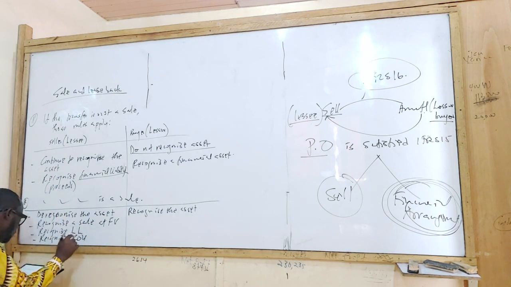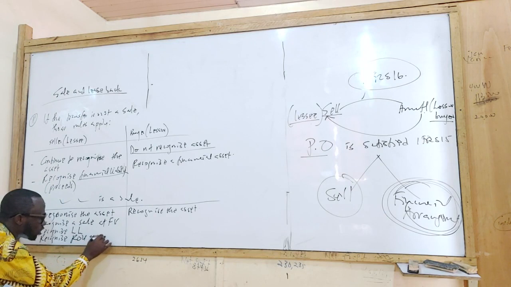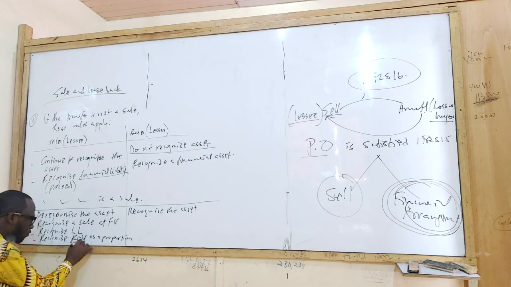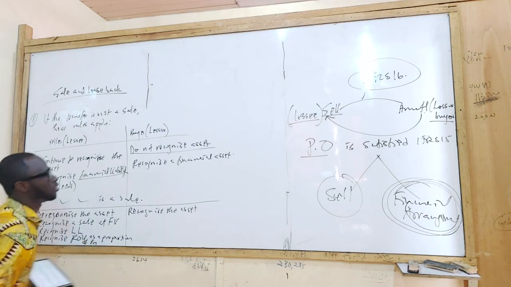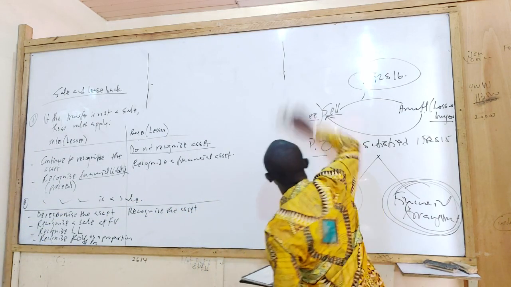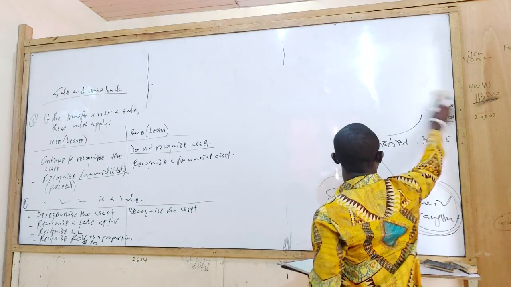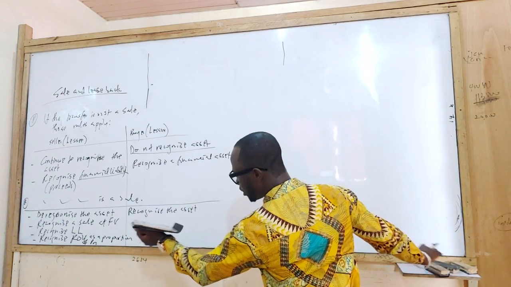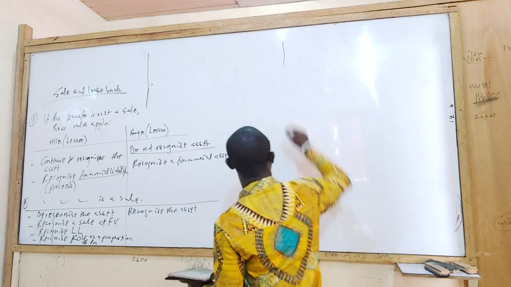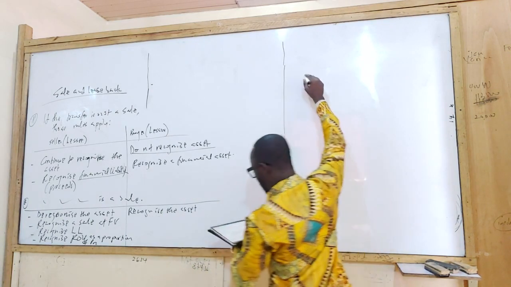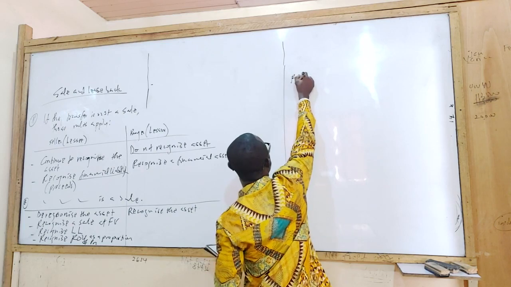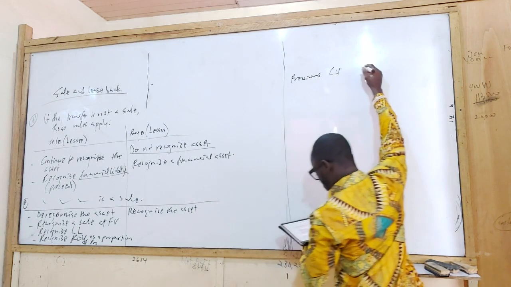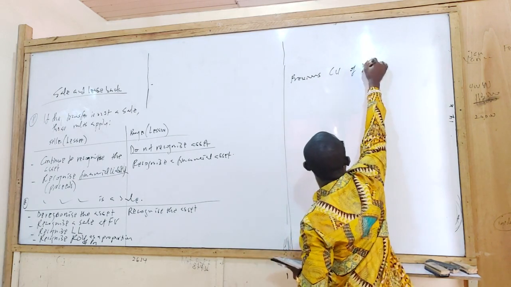So recognize right of use as a proportion of previous carrying value of the underlying assets.